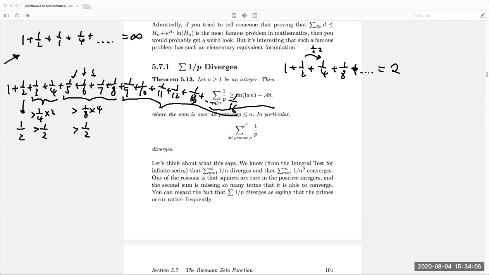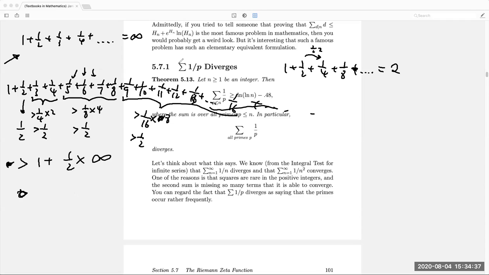It contains 8 terms, and each term is greater than or equal to 1 over 16, times 8. So that means greater than 1/2. You do similar grouping and so on. Then this sum should be greater than 1 plus 1/2 times so many terms. Actually, there are infinitely many terms, so this number should be infinity.